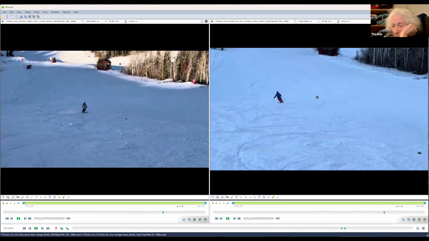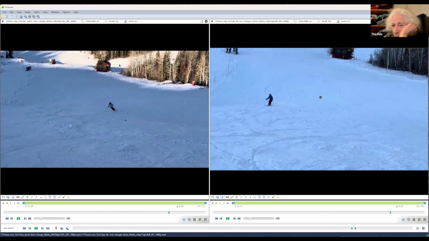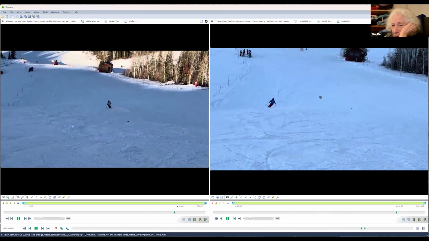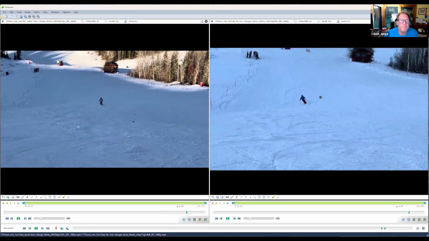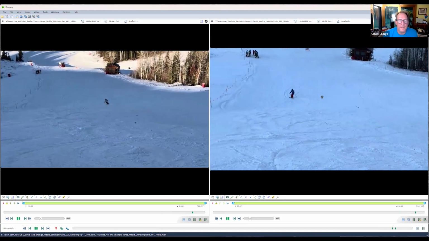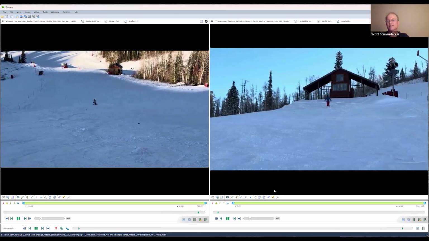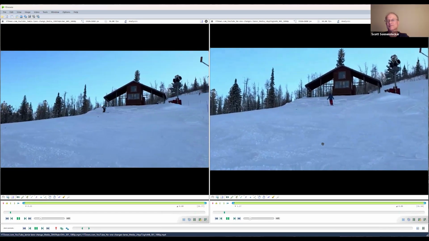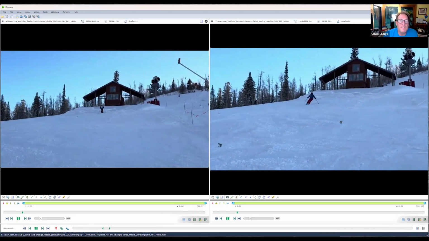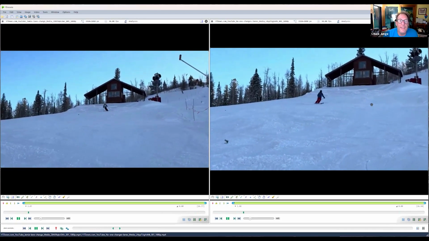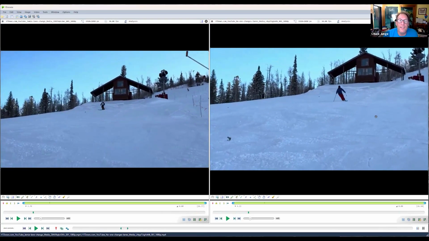Well, we did say that he also is initiating with rotating the pelvis. Which way are they rotating the pelvis, to the inside of the turn or the outside of the turn? They're rotating the pelvis to the outside, because you can see it right there.